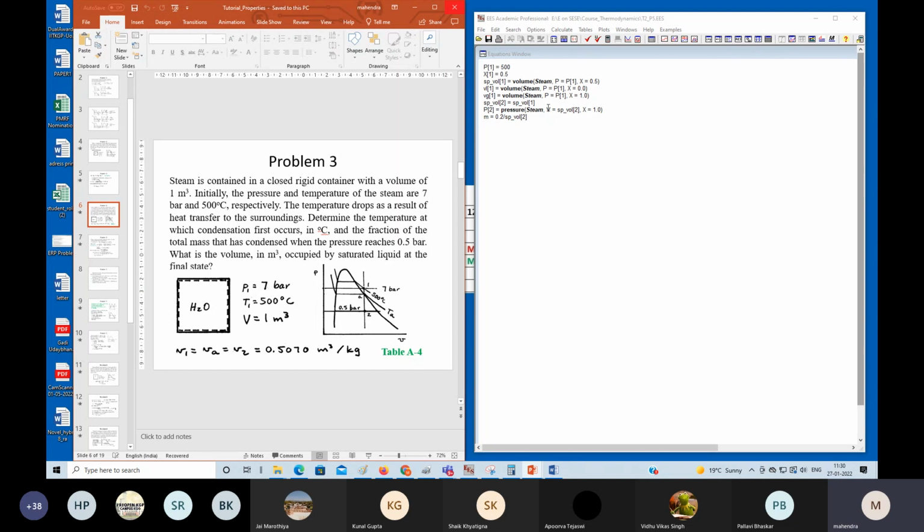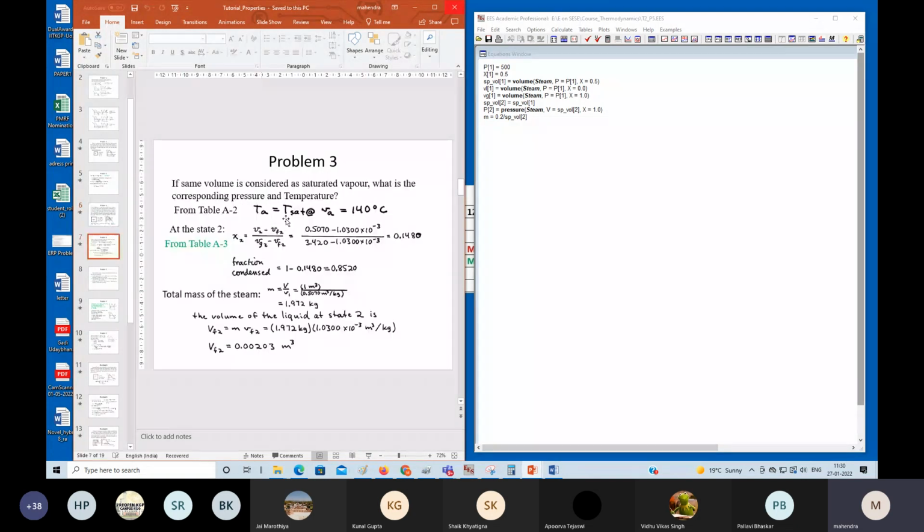As we have followed here, we have to equalize all specific volumes. Then we calculate the mixture properties at point number 2. This is the method we solved in our previous class. Very simple thing. Let us solve it using EES.